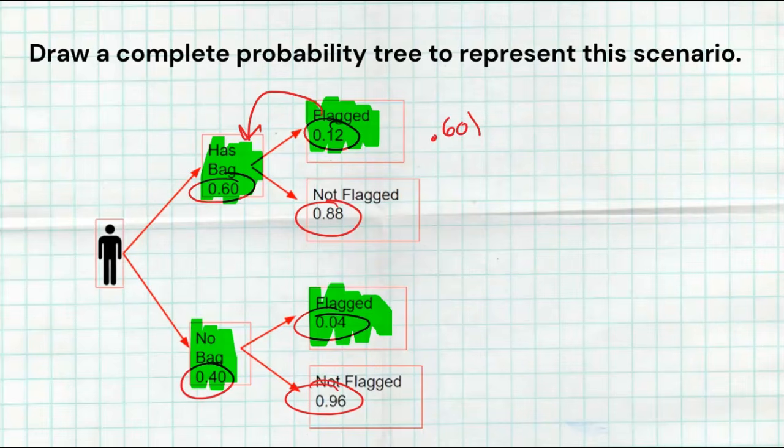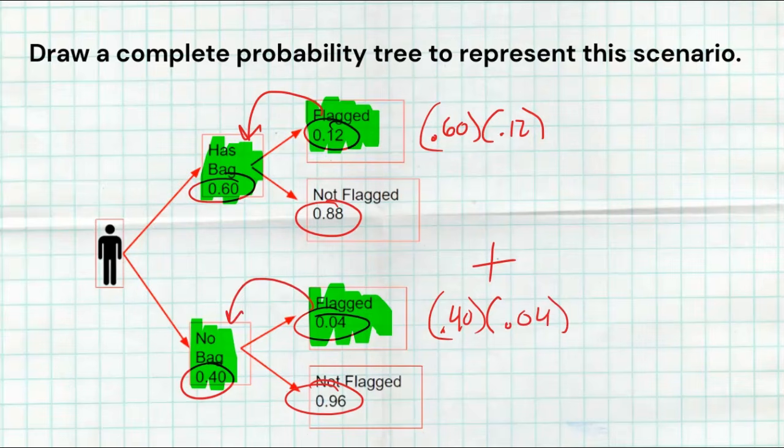So that'd be 0.60, you have a bag, and then, because you have that bag, 12% chance you get flagged for additional security. Or, another branch we're going to add to that would be you do not have a bag, 40%, and then you get flagged for additional security, which would be 0.04. So again, that 0.04 cannot happen unless you don't have a bag.